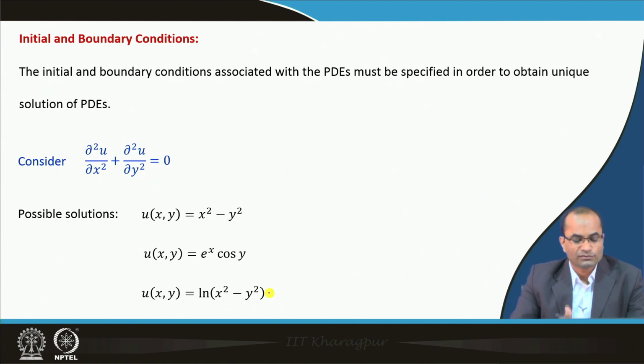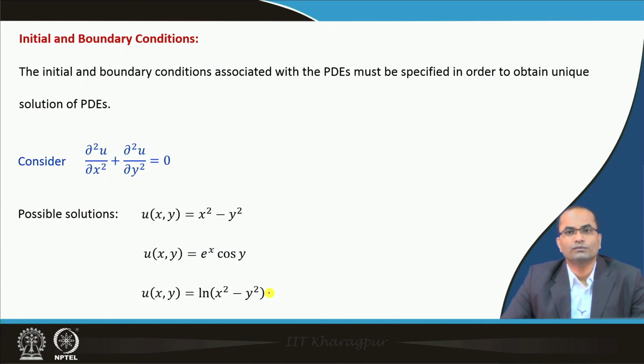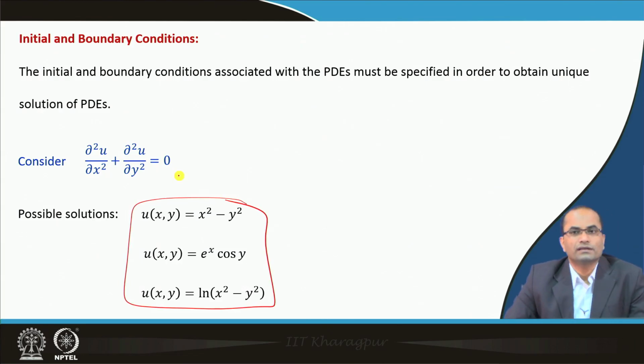So, we have so many functions which can satisfy this given differential equation, then which one is the solution of this given differential equation. So, there is no uniqueness in the solution. So, we have to specify some extra conditions with this partial differential equation to have a unique solution of this problem, and then only we can discuss that unique solution later on.